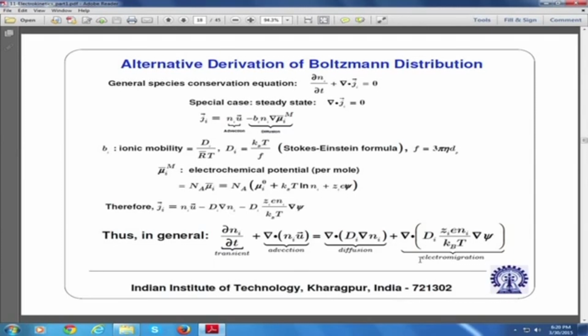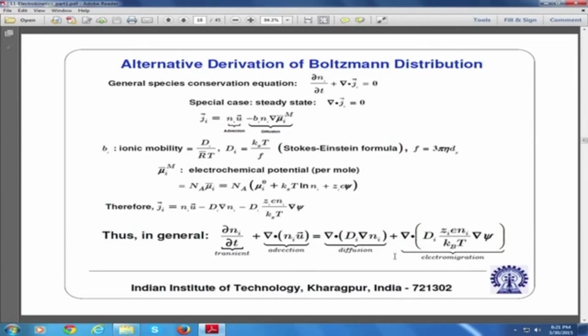Now, can we recover the Boltzmann distribution from this equation? So this equation, by the way, is the most general equation, because here we had not made any assumption about whether ions are point charges or ideal solutions. We have started, but the assumptions are implicit that the ions are ideal solutions. Why?